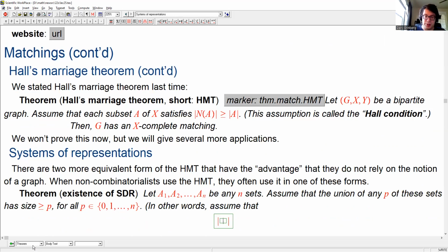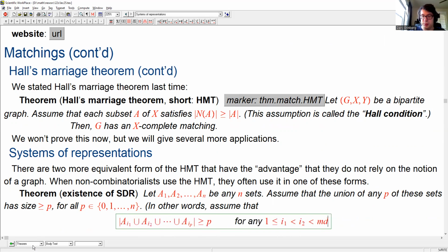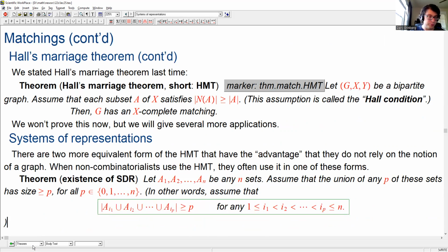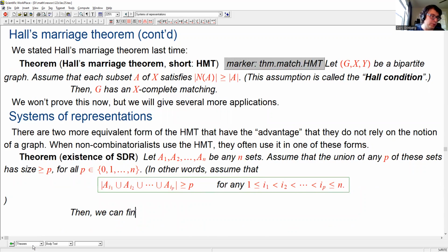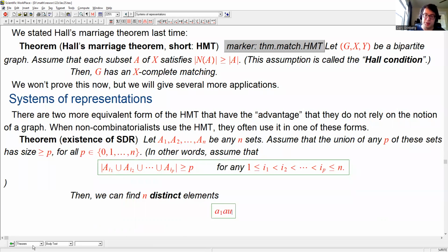Assume that the union of A_i1, A_i2, ..., A_ip is at least p for any i1 < i2 < ... < ip ≤ n. Then we can find n distinct elements, one from the first set, one from the second set, one from the third set, and so on, and ultimately one from the last set.